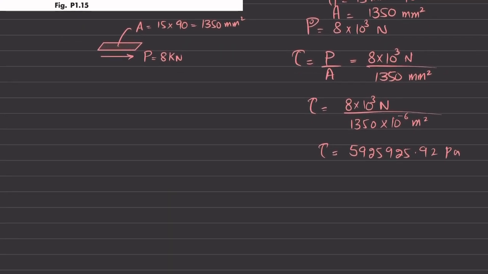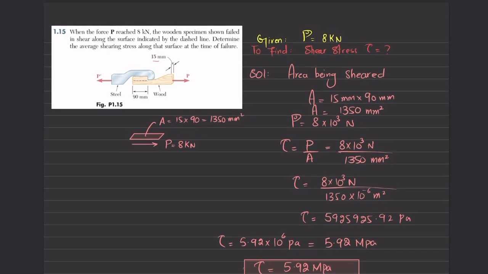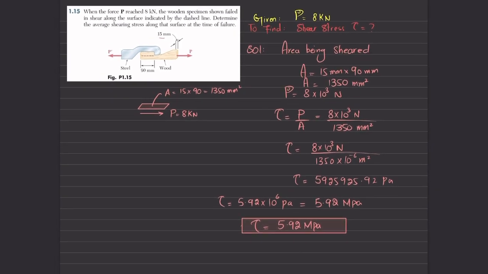So if you convert it into megapascal, shearing stress will be equal to 5.92 into 10 raised to the power 6 Pascal, and that will be equal to 5.92 megapascal. So 5.92 megapascal is the answer for this question. This is the average shearing stress along the surface at the time of failure.